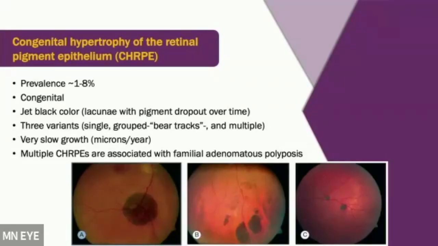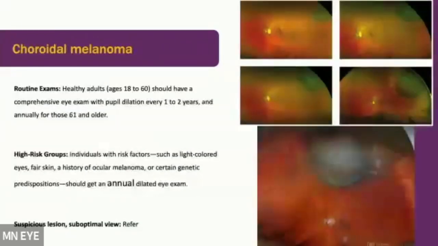I've had patients who came with just CHRPE being followed, and then I looked at the pattern and sent the patient to GI doctors. Endoscopy was done, and they had adenoma, not a malignant tumor, but adenoma, polyps in their intestine.